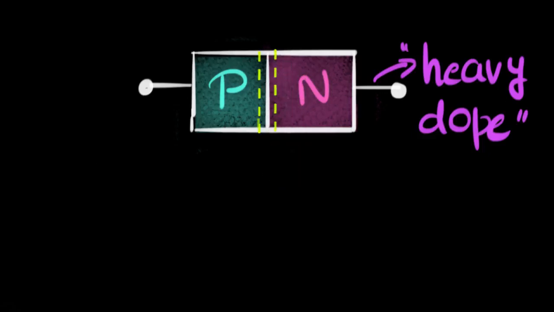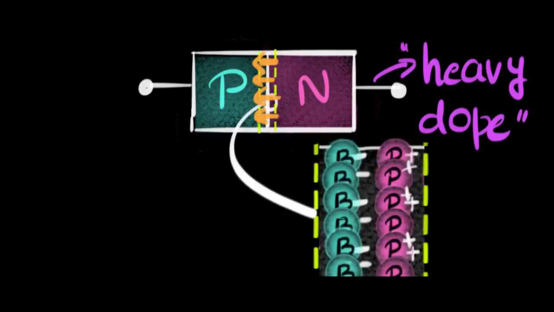The reason for that is the field over here turns out to be extremely strong. Again, we have not applied any voltage, but the inbuilt electric field over here turns out to be super, super strong. And again, to see why, let's zoom in over here.